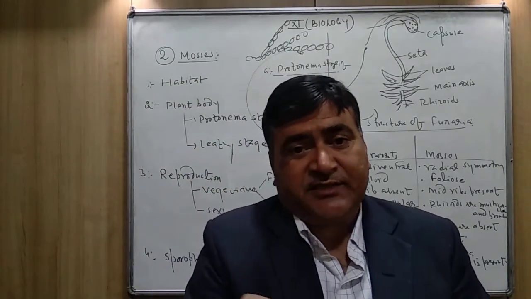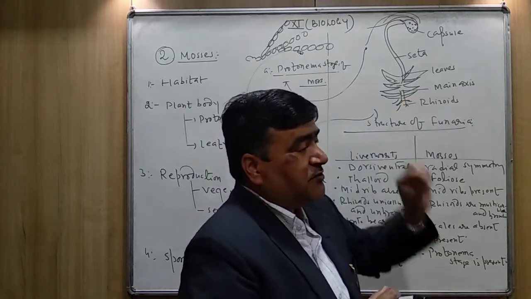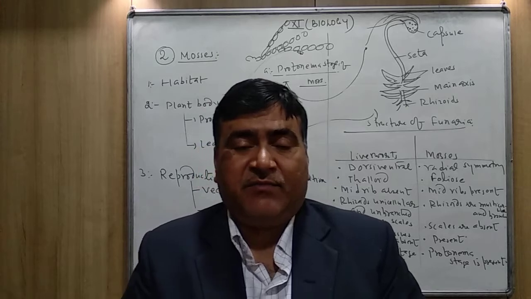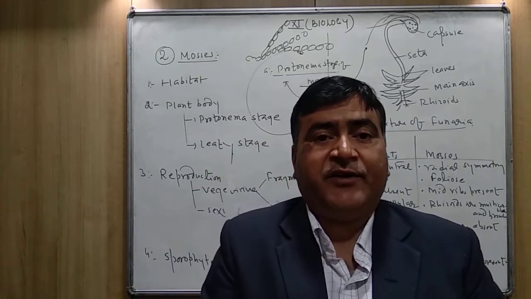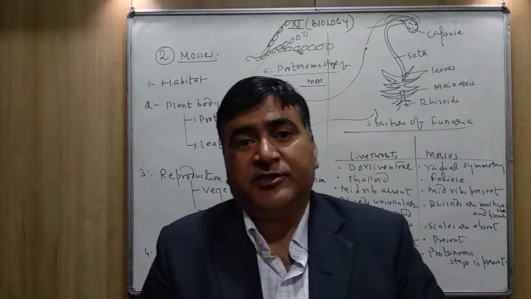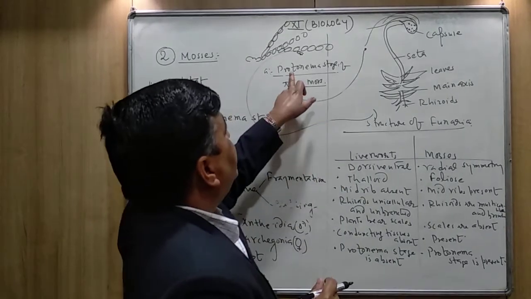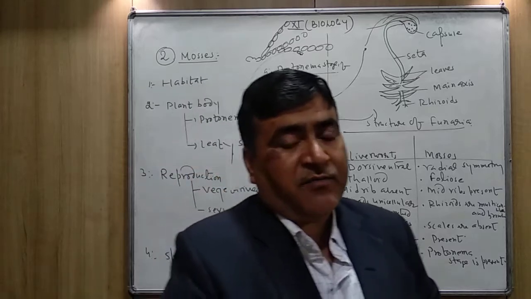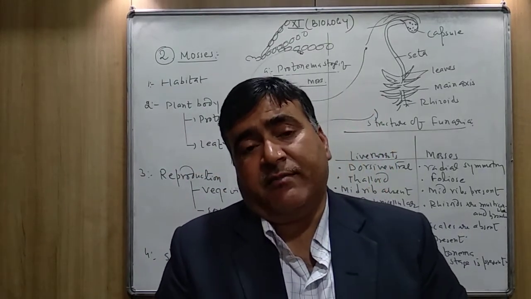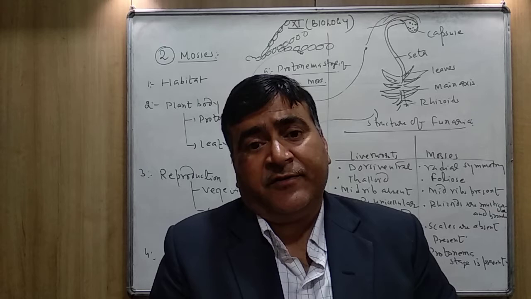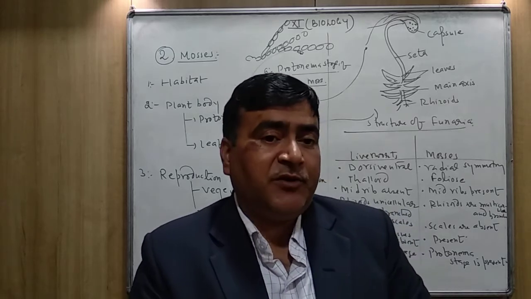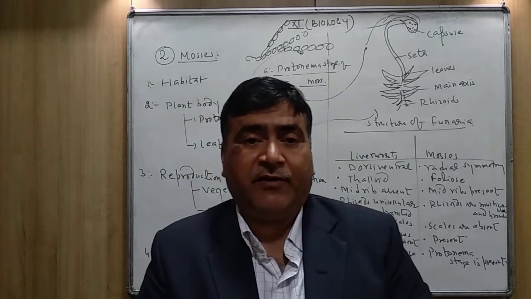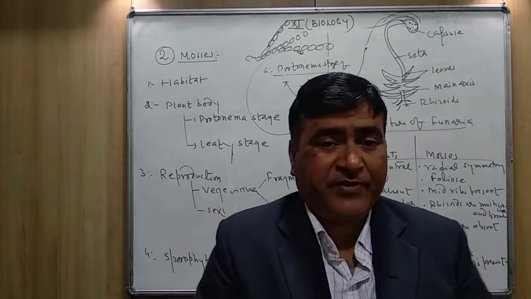So the leafy stage is produced by the secondary protonema, or by the bud, the fragments derived from the protonema stage. And the protonema stage is produced by the spores, which are produced inside the capsule, inside the sporophyte of the leafy plant.